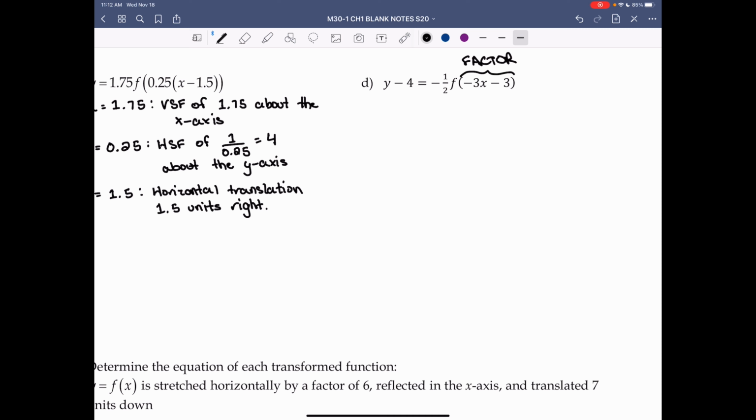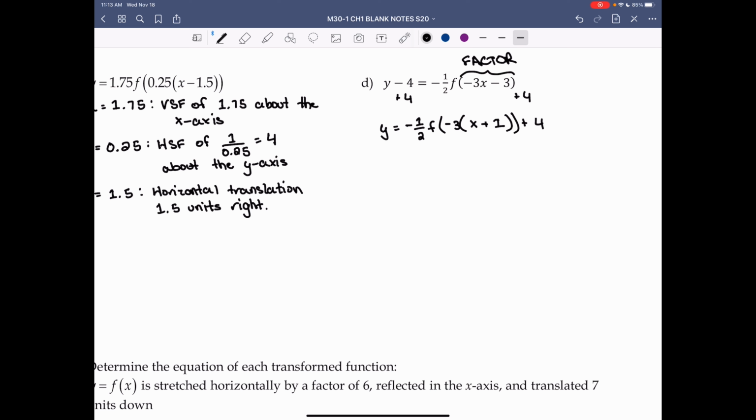So I'm also going to add 4 to both sides. Then we have y equals negative 1/2 f bracket, factor out negative 3, bracket, we get x, and then negative 3 divided by negative 3 is positive 1, and then we have plus 4.